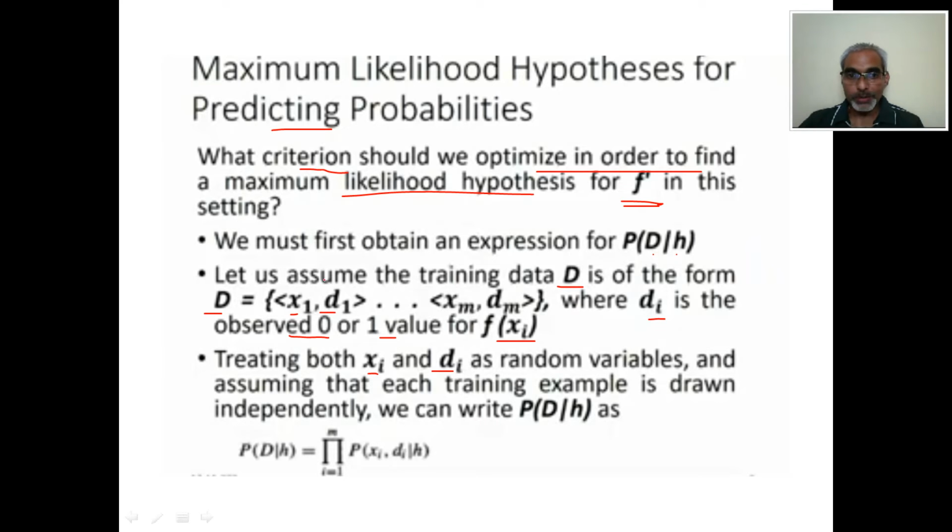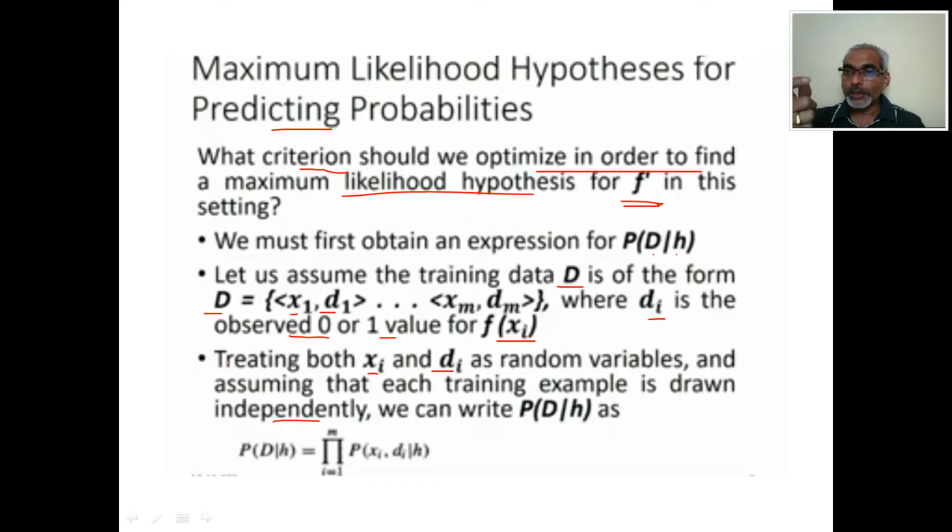So if you treat both xi and di as random variables and assume that each training example is drawn independently, as we have already discussed, they are not dependent on each other, right?